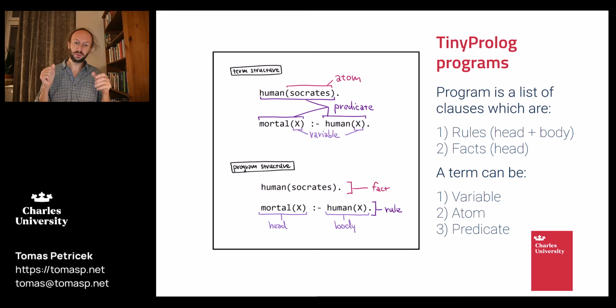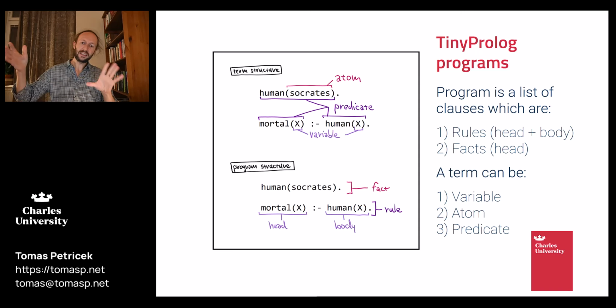And then you can have rules which consist of head and body, where the head is one term, such as mortal of X. And then the body is a sequence of terms that define what has to hold for this to be derivable. So if you say mortal X is implied by human X, then that is a rule, that's a derivation rule.